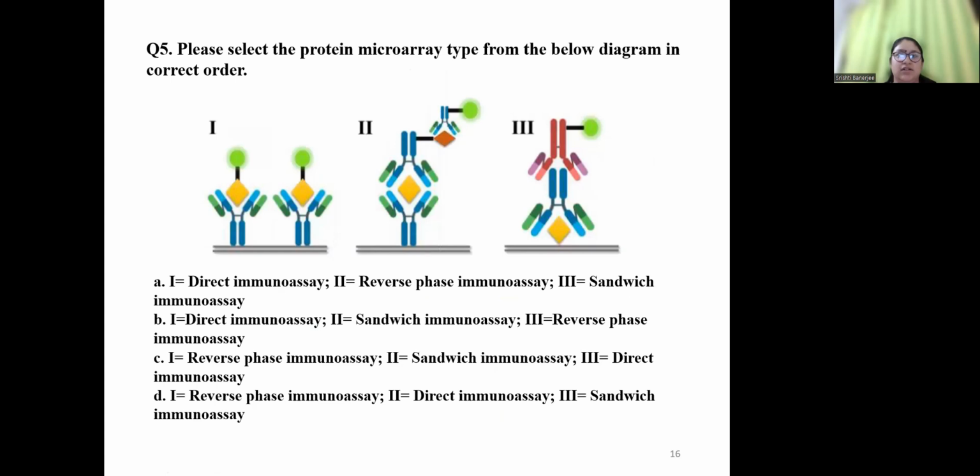Just have a read, and then we can discuss the question. Any idea what will be the answer?